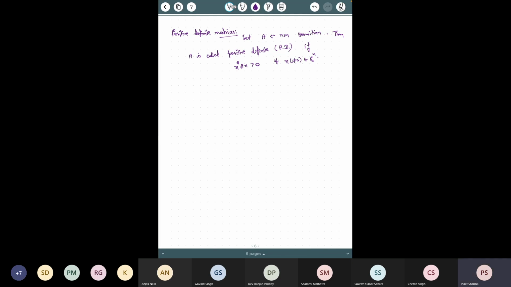Similarly, you can define positive semi-definite. The same way, if x star Ax is greater than or equal to 0 for all x in Cn.